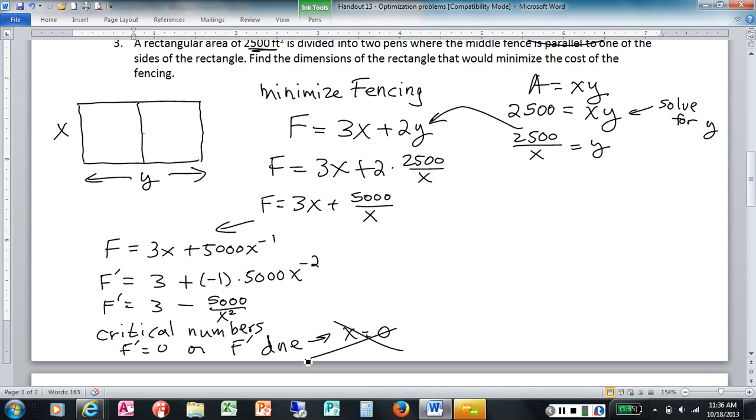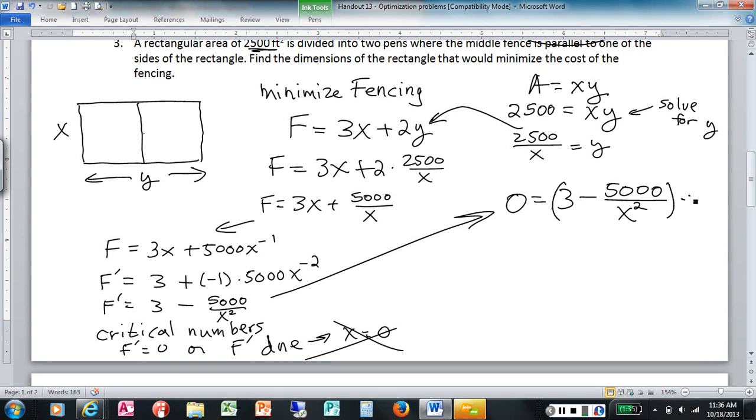So we just want to set that equal to 0. So 0 equals 3 minus 5,000 over x squared. How do we solve that? A couple ways. I think the way we've been going with that is multiply everything by x squared, both sides.